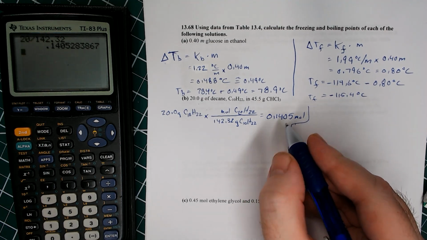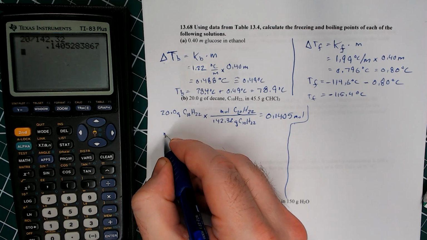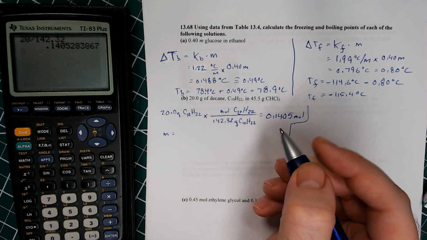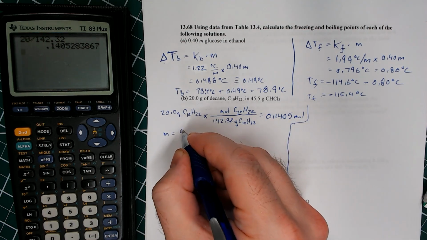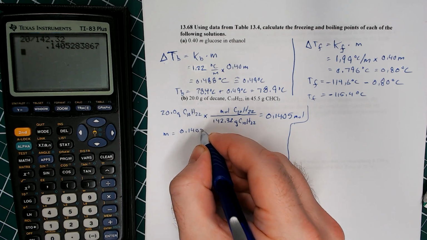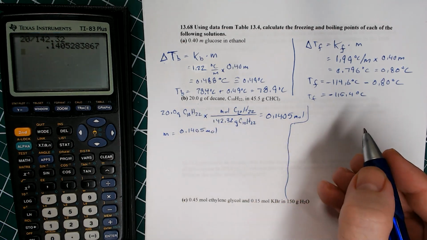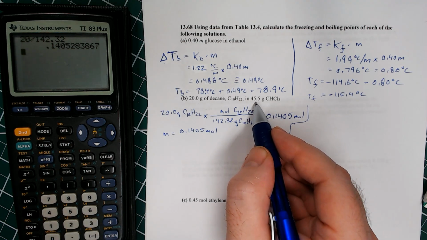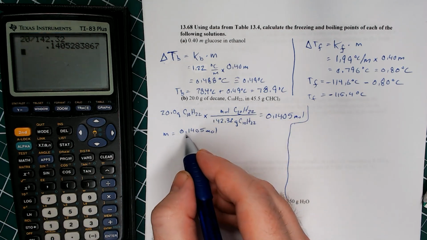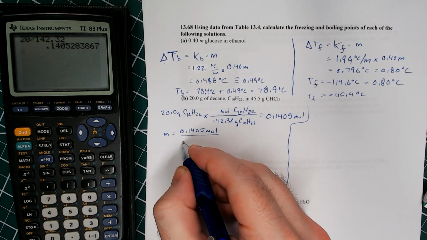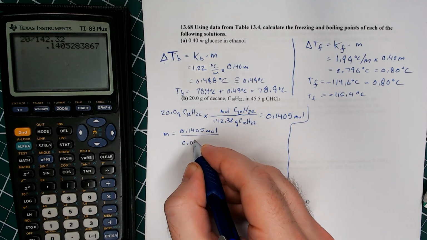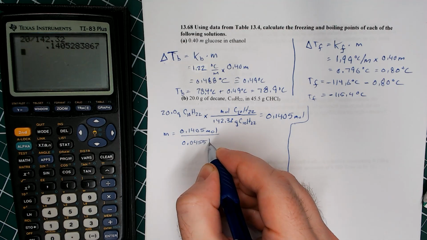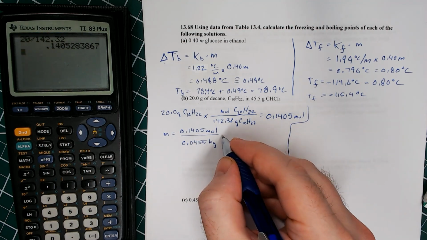Now I am going to round that. Our molality is going to be 0.1405 moles, and we need to divide by the kilograms of our solvent. Our solvent is this. You'll see it's in grams, so we're going to write that in kilograms, and we'll get 0.0455 kilograms.